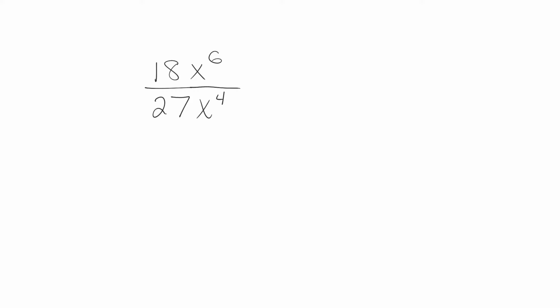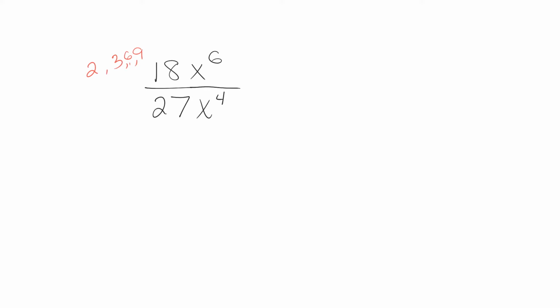Like, what can 18 divide by other than 1? It divides by 2. Does it divide by 3? Yes. Does it divide by 4? No. Does it divide by 5? No. 6? Yes. 7, 8, 9? No. I missed 3 and 6, didn't I?